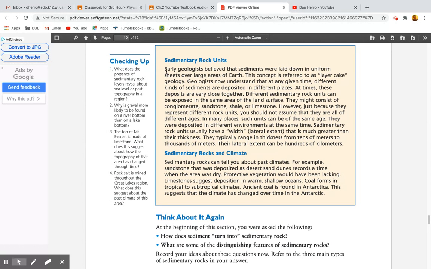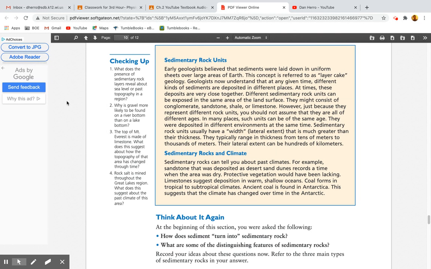Sedimentary rock units. Early geologists believed that sediments were laid down in uniform sheets over large areas of Earth. This concept is referred to as layer cake geology. Geologists now understand that at any given time, different kinds of sediments are deposited in different places. At times, these deposits are very close together.